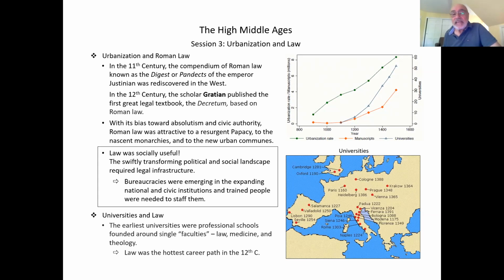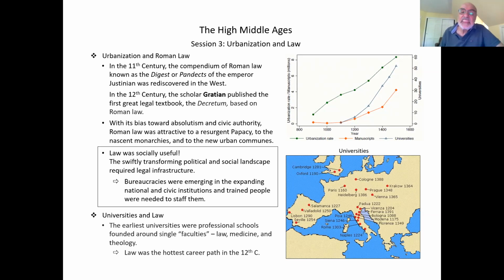If you look at that chart in the upper right, there are three lines. The x-axis from left to right are the centuries, 800, 1000, 1200, 1400 to 1600.